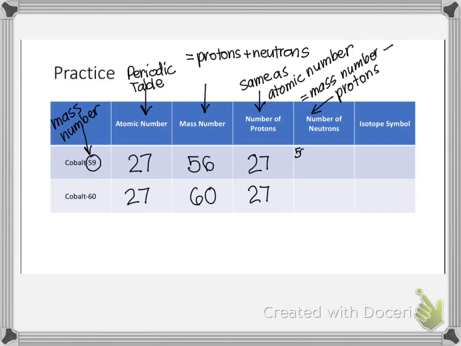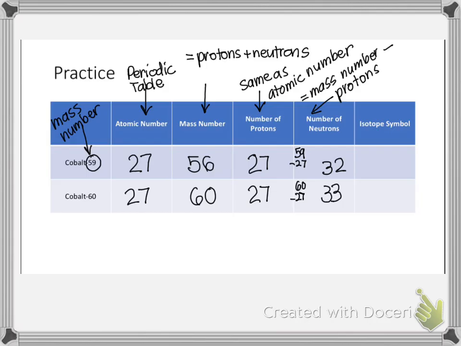So 59 minus 27, so that would be 32. Sorry, all of a sudden it hit me wrong. And then this one would be 60 minus 27 because the mass number is 60. And so the number of neutrons would be 33.